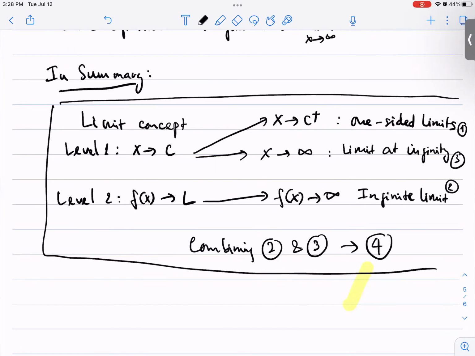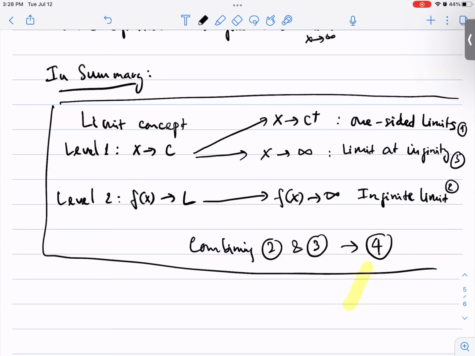Now, in summary, I would like to give a very overall description of what we discussed today. The limit concept is described at two levels. Level 1 is x approaching some number c.